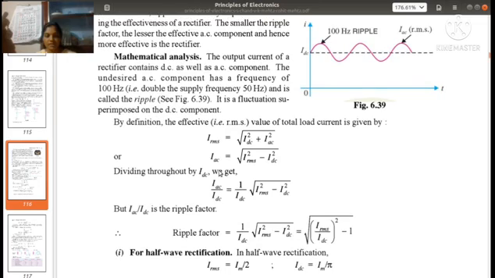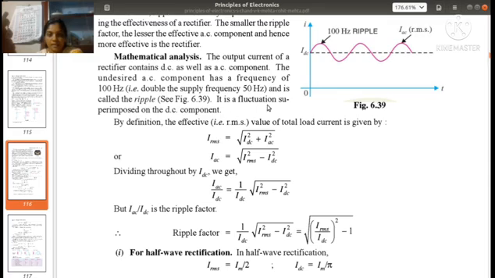So in general, the ripple factor can be analyzed as follows. That is, the output current of the rectifier contains DC as well as AC, that we already saw. The undesired AC component has a frequency of 100 Hz, that is double the supply frequency 50 Hz, and is called the ripple.